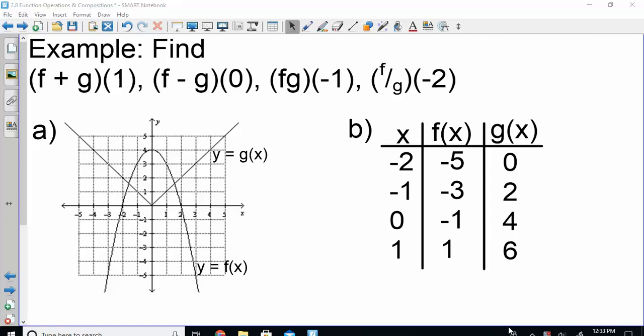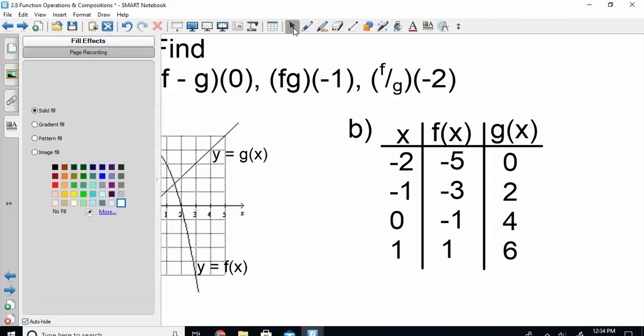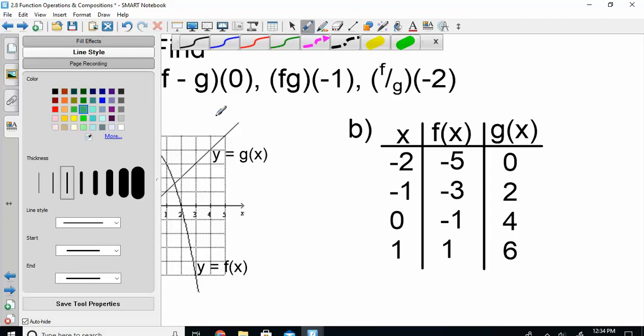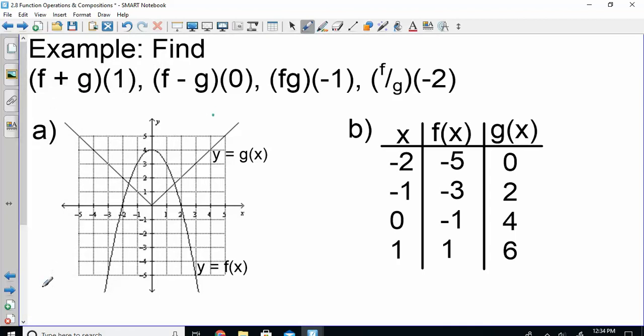So I want to see if we can do these function operations when we maybe don't just have equations, when I give you different representations of our function. So the first one, I gave you a graph. When I ask for f plus g of 1, that means you take f of 1.